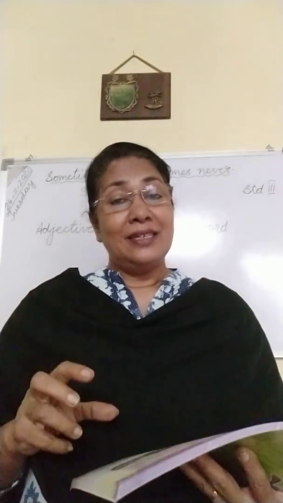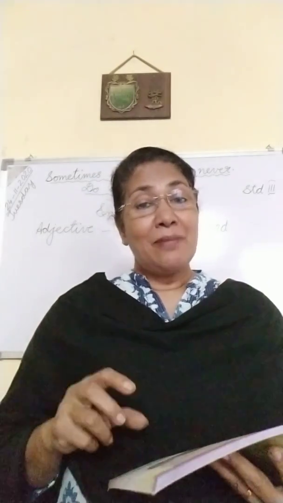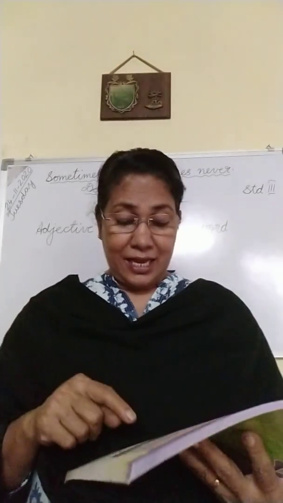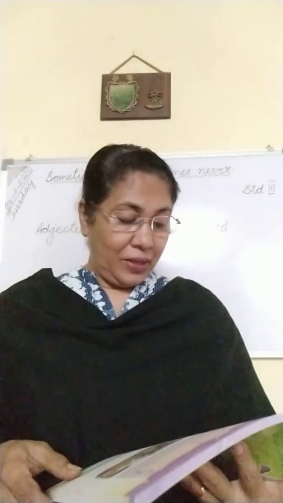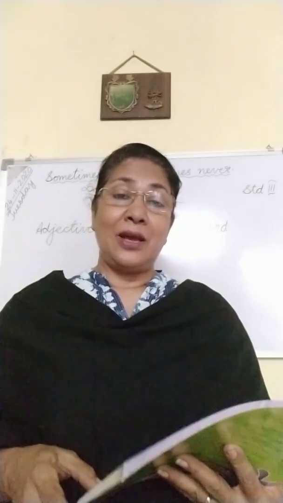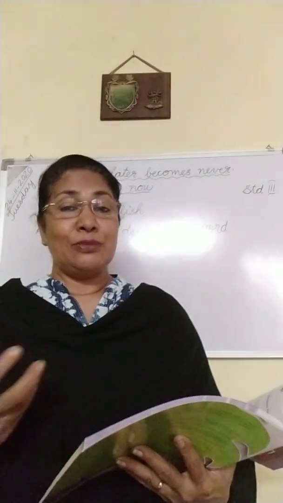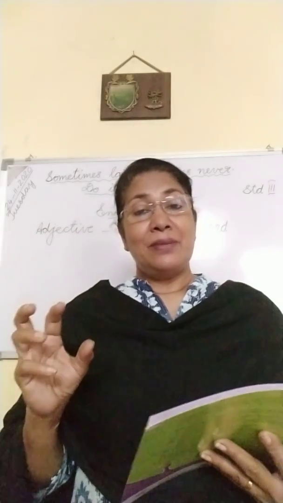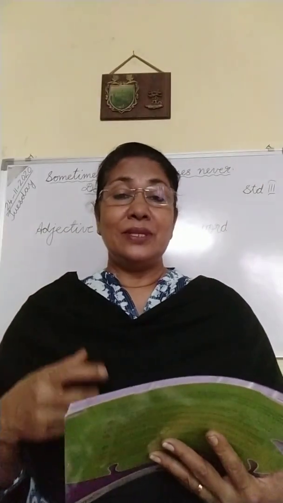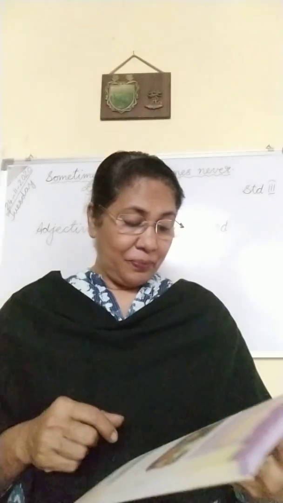And the describing word about the book is, yes, good book. His mother was happy. Now the feeling of his mother, the mother has been described as she is happy. So these are called the adjectives.